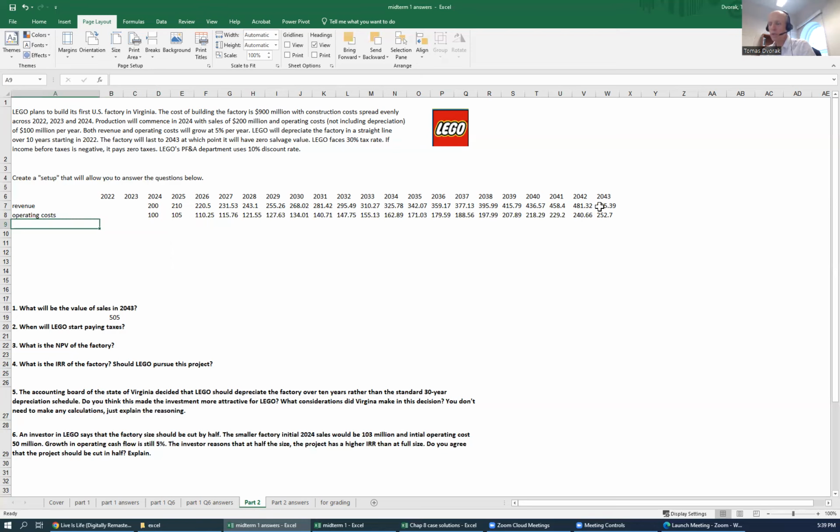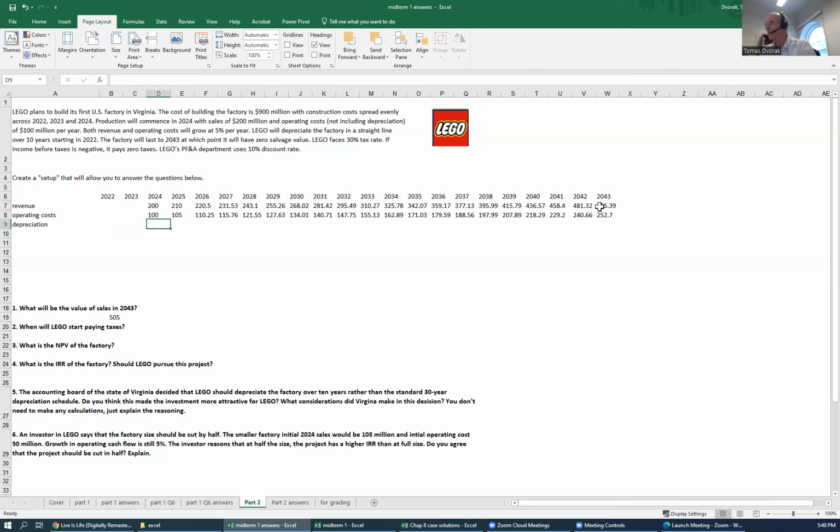What else do we need? Well, we need depreciation expense. So look, they're starting to build the factory in 2022. We can assume that they'll start claiming depreciation expense as soon as they start building the factory.